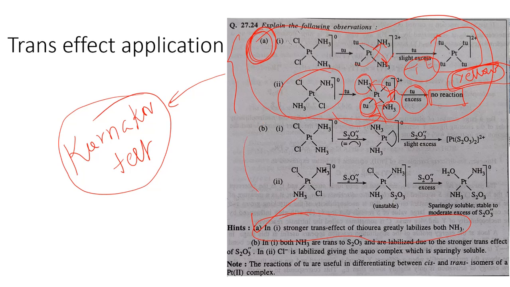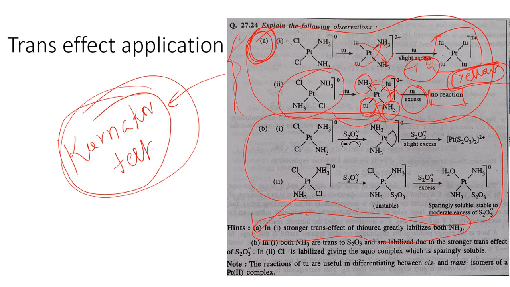The second reaction can also be used to distinguish between cis and transplatin, but it is less preferable, and the first, the Kurnakov test, is more preferable. So far so good.